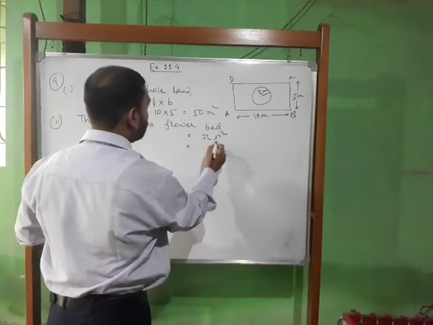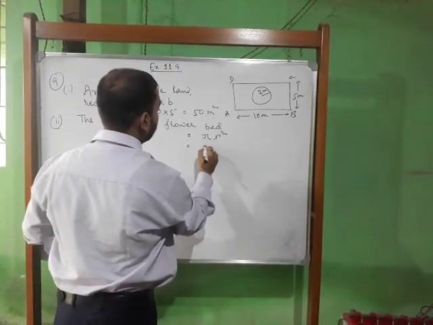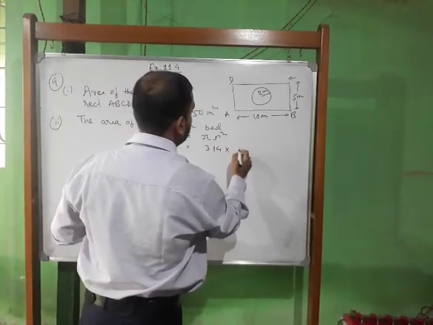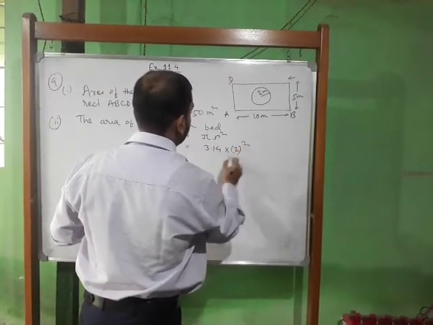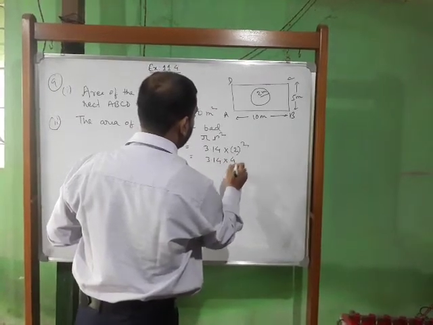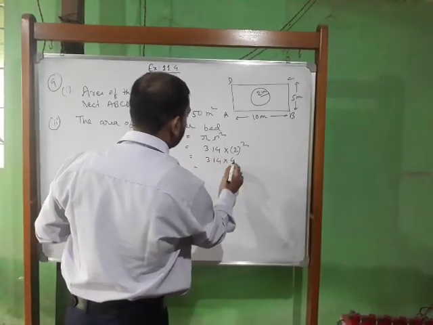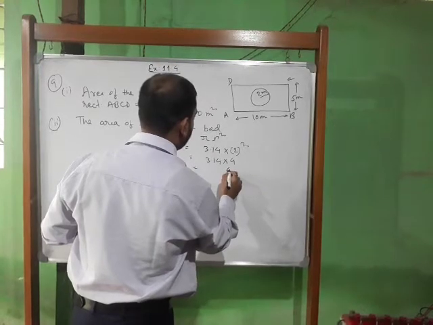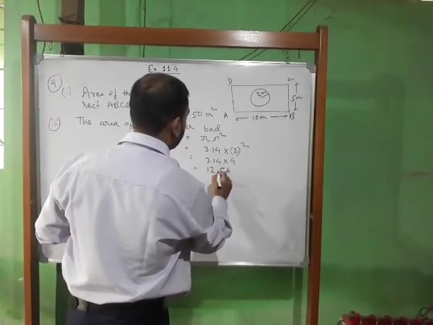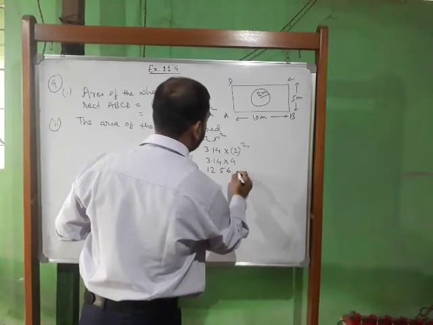We can take pi value as 3.14 into r, that is 2 square. So 3.14 into 4, which is equal to 12.56 meter square.